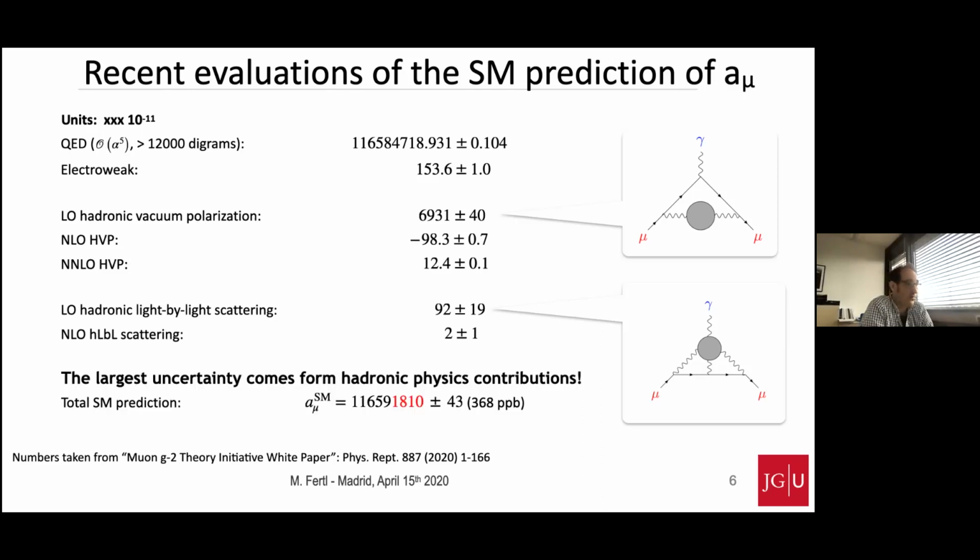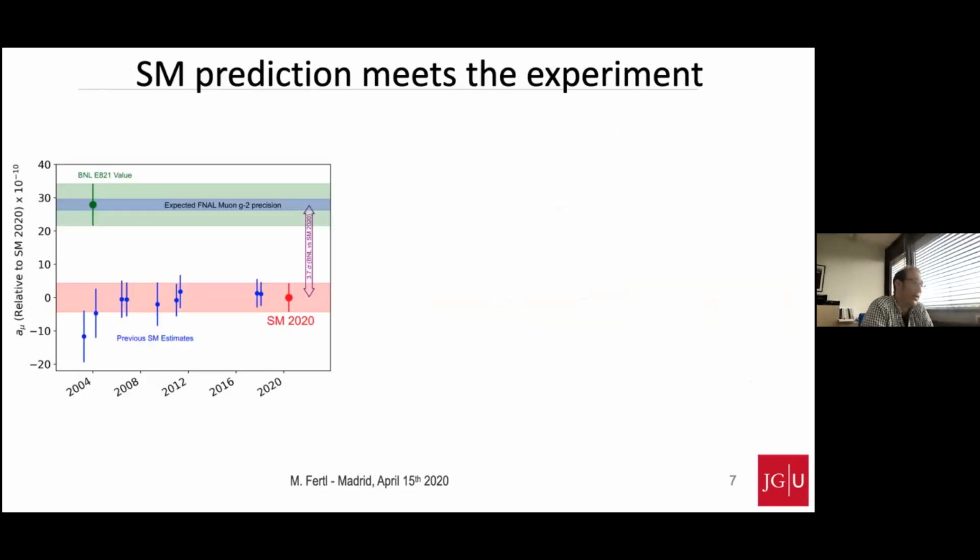It's hadronic physics. And so the latest standard model prediction is shown here. It's this 11,659,1810, with an uncertainty of roughly 370 parts per billion. So we can compare the standard model prediction with the experiment. And in this comparison, up to last week, there was basically only the latest Brookhaven experiment, BNL E821 value.